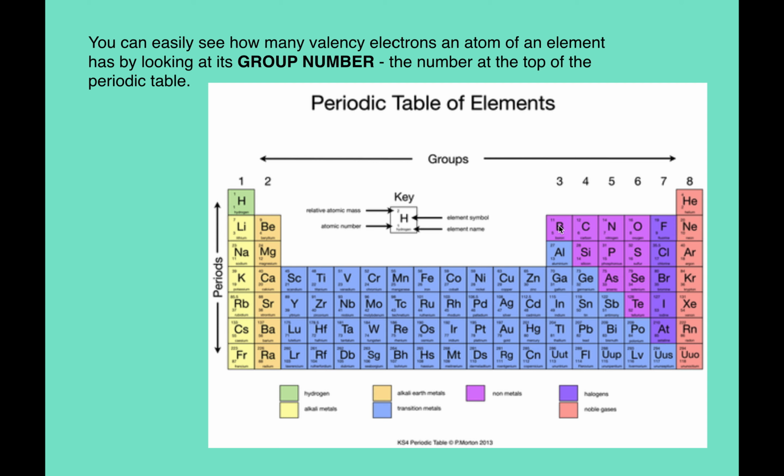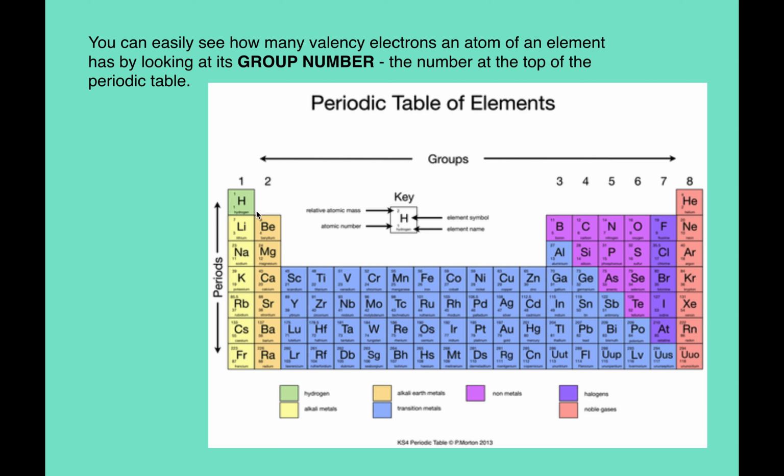We jump to boron, aluminium, gallium, etc. Group 3, group 4, headed by carbon. Group 5, headed by nitrogen. 6, oxygen. 7, fluorine, chlorine, bromine. And then group 8, sometimes called group 0, are the noble gases.